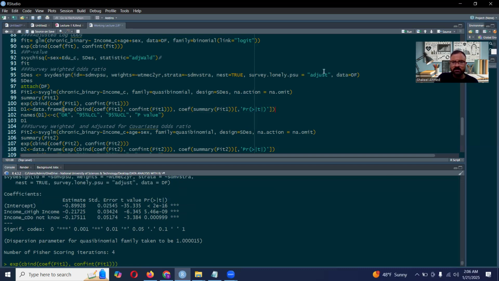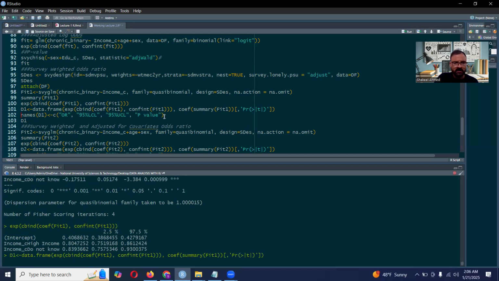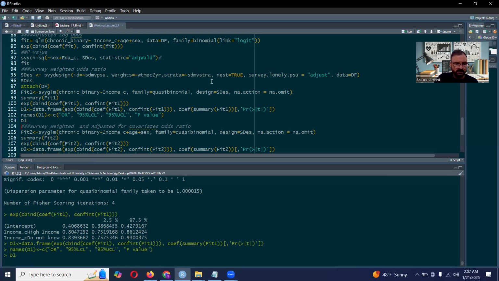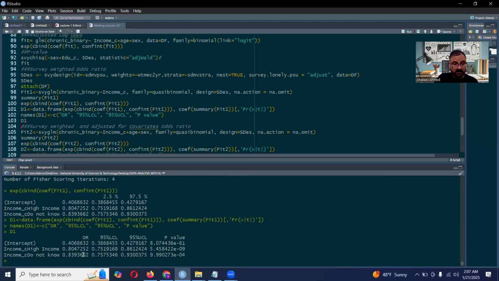So you can just run this, and we will find the data D1. So these are the odds ratios and 95% confidence interval, lower confidence limit and upper confidence limit, and the p-value.